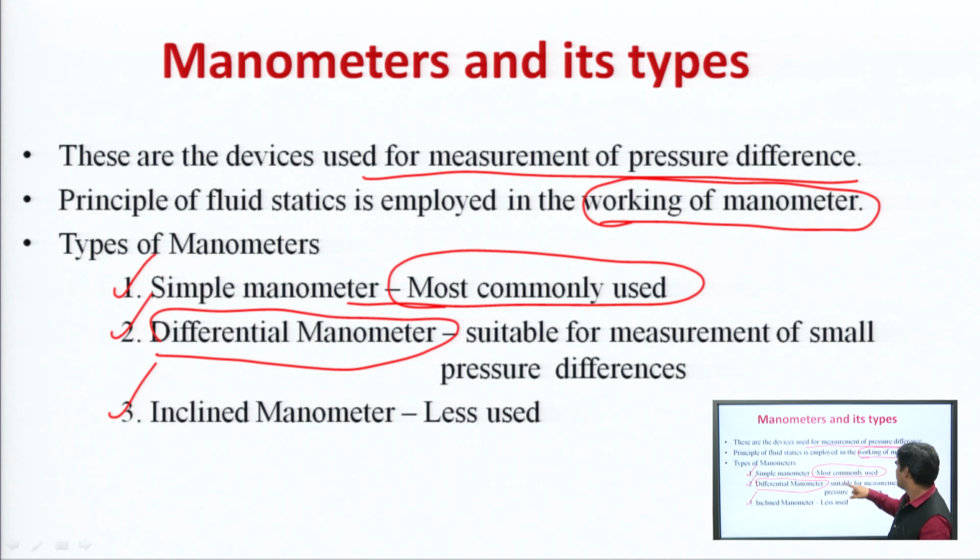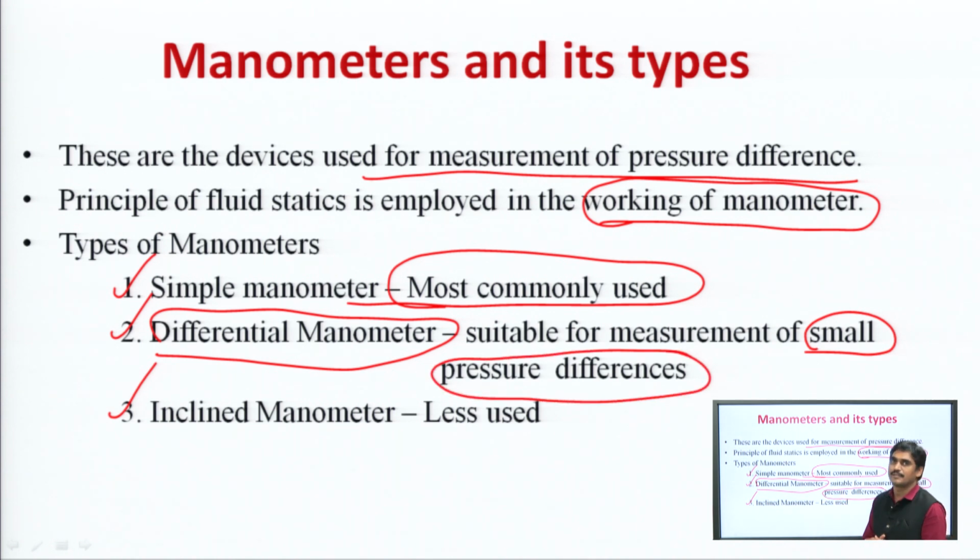What is this? It is also a type of manometer, less frequently used, but it is used for the measurement of small pressure differences. That means, if there is a very small change in pressure, that also can be measured with the help of this differential manometer. But with the help of simple manometer, these small pressure changes or differences cannot be properly measured.